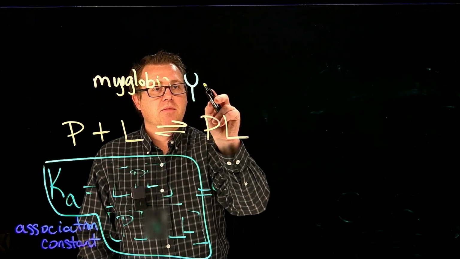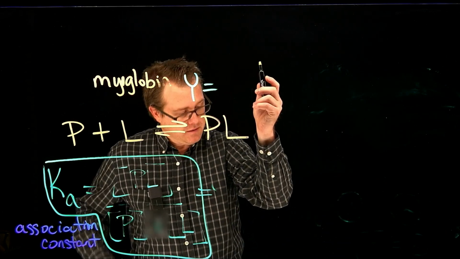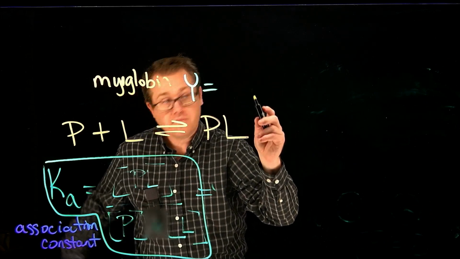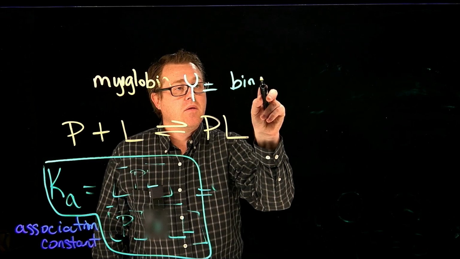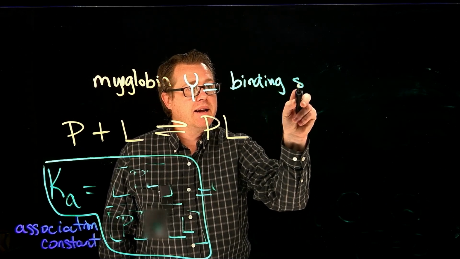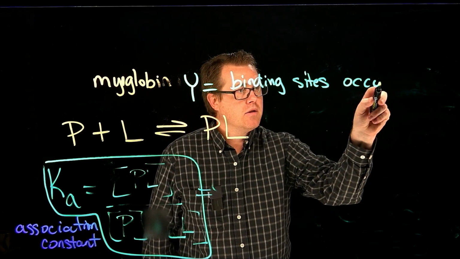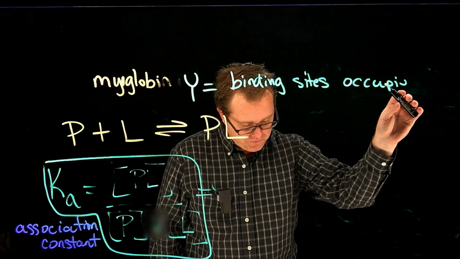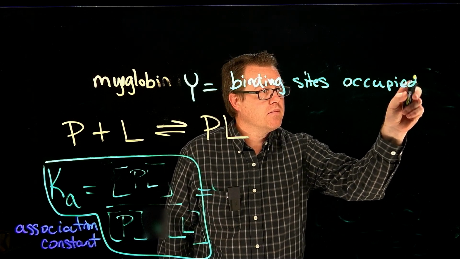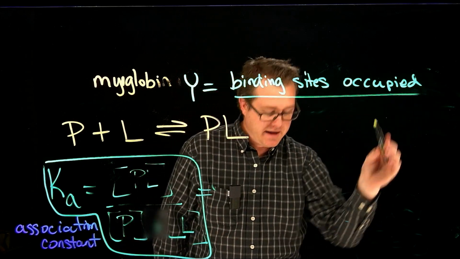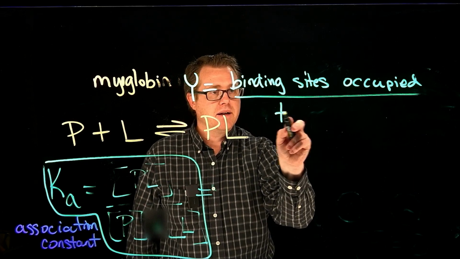Try to write a little smaller here. We have binding sites that are occupied, divided by the total binding sites.